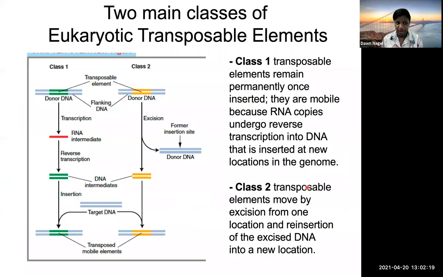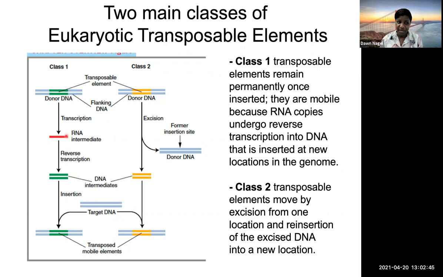reasons, okay? So the two main classes of eukaryotic transposable elements are class 1 and class 2, very similar to the bacterial replicative and non-replicative types of transposition and transposons, as we mentioned. Class 1 elements move more by replicating, so they make a copy of themselves, right?